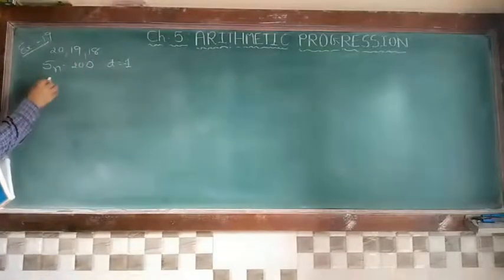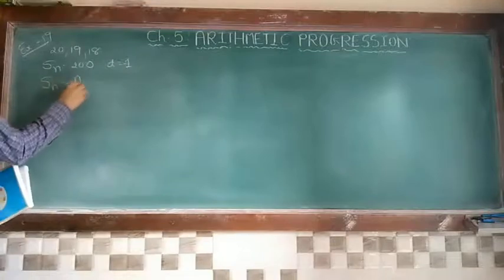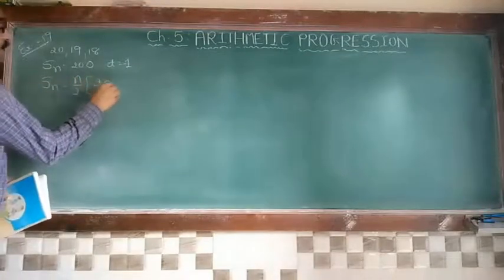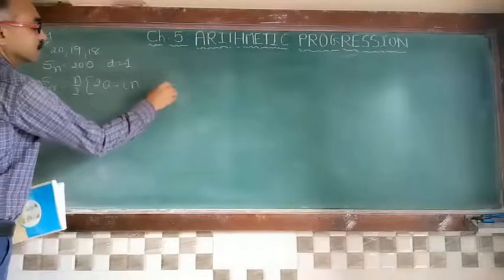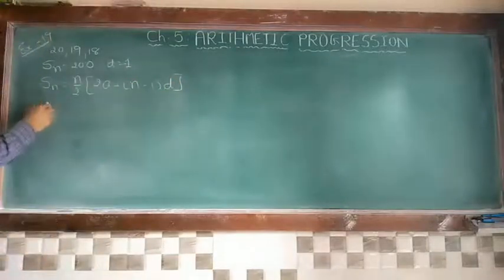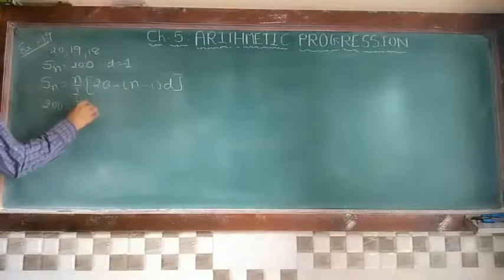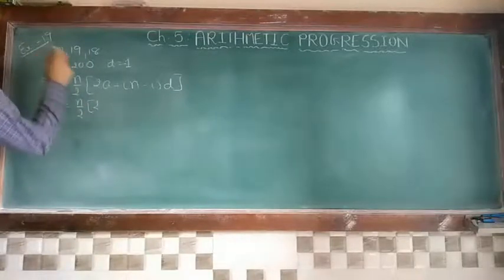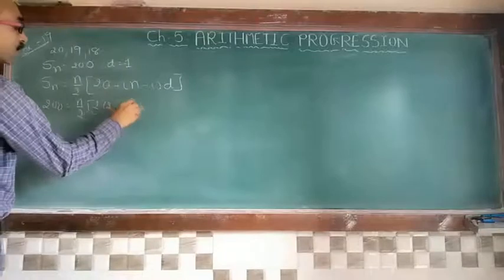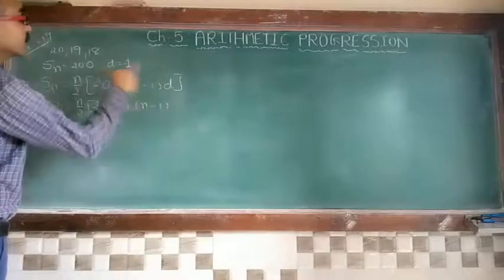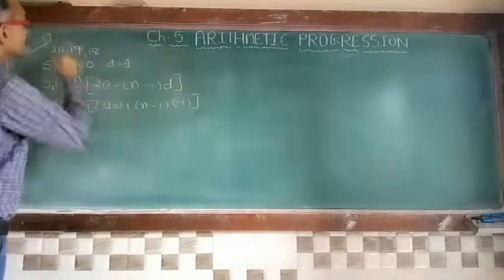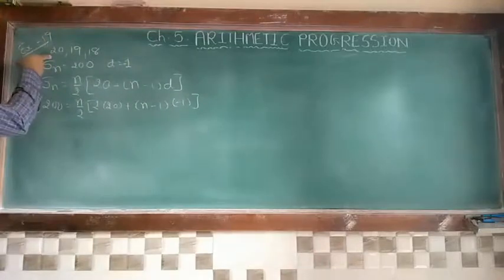That means see here, Sn is equal to n by 2 into twice a plus n minus 1 into d. So your Sn is given to you as 200, that is n by 2, 2 into your first term 20 plus n minus 1, and d is your minus 1, because 19 minus 20 is minus 1.